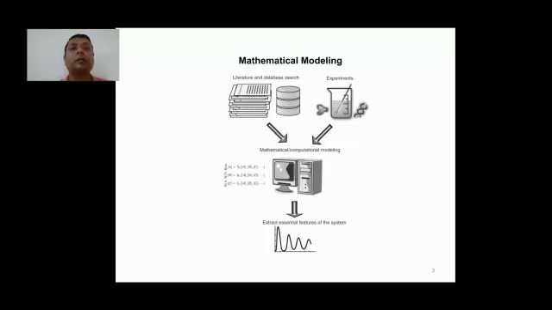In mathematical modeling, we collect some secondary data through the literature or some already existing database, or we do some experiment in the field or in the lab to get the primary data. These data we can say are the input data for mathematical modeling, and mathematical modeling is a program or mathematical formula generated based on some past data.